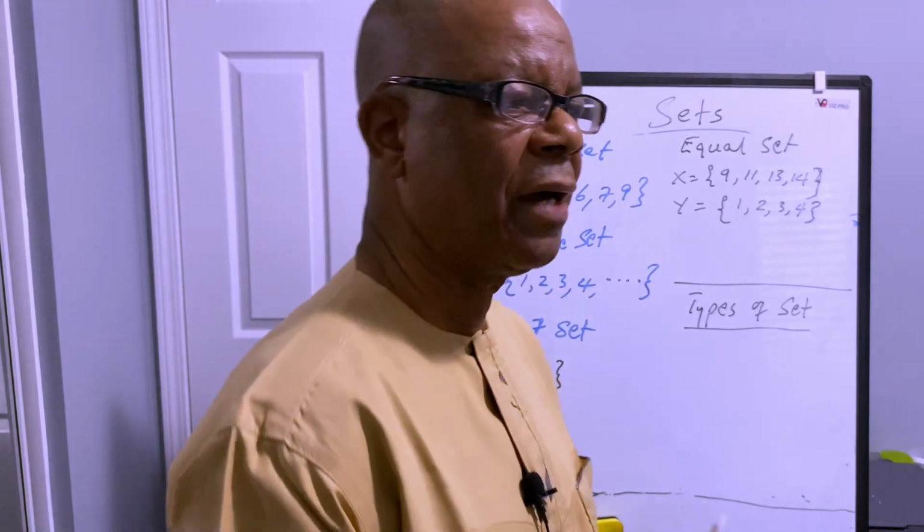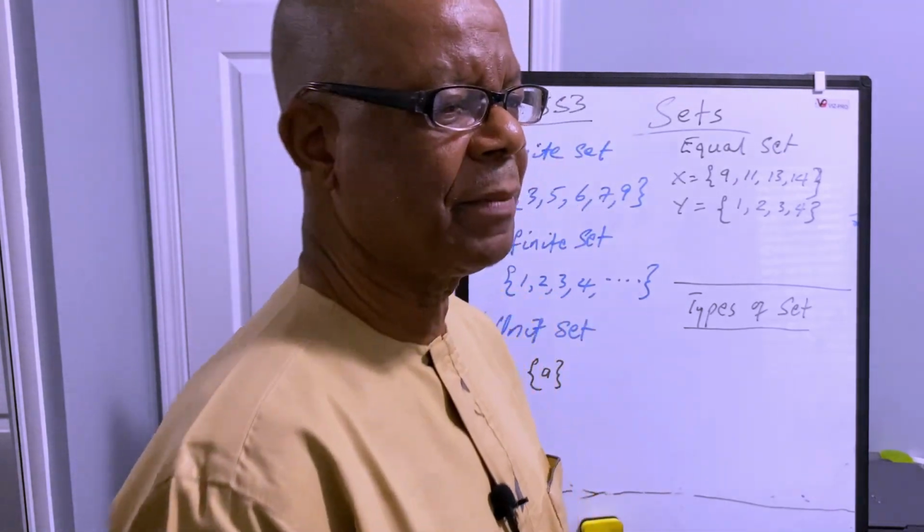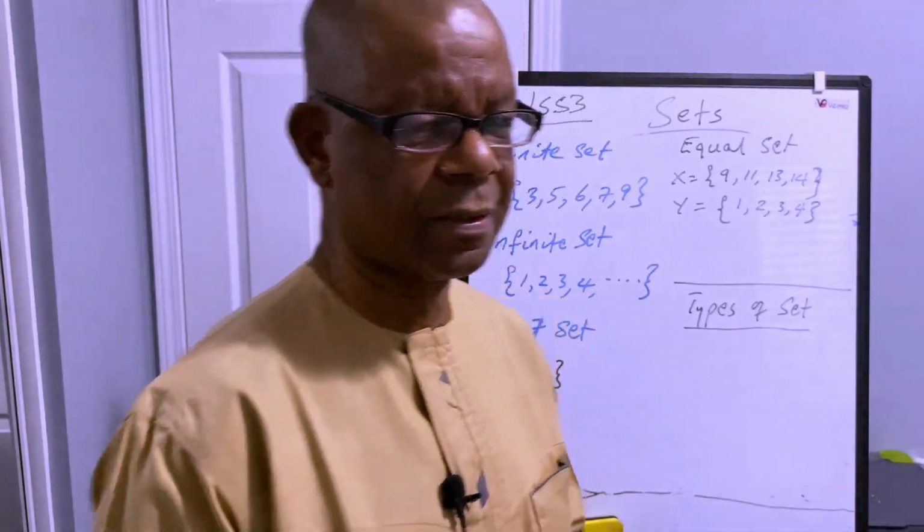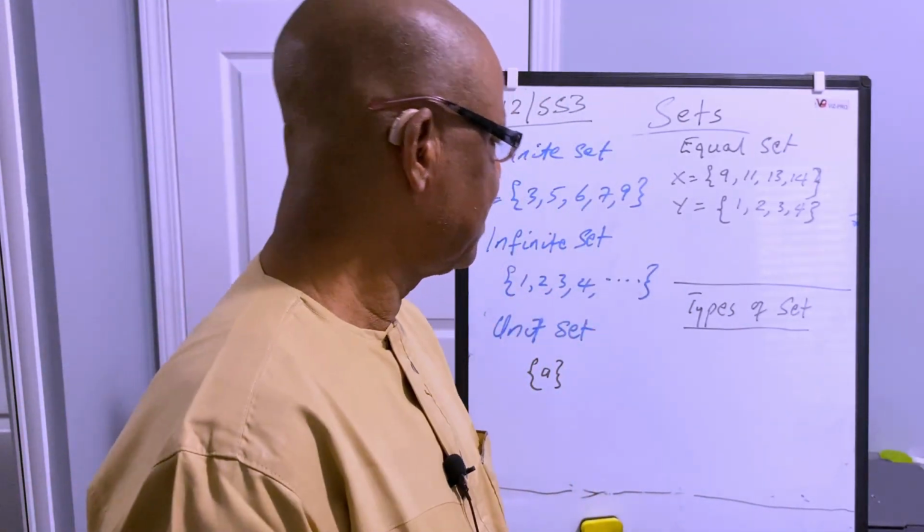So they have an equal number of elements, but in most cases it will be almost the same thing. That is equal set.